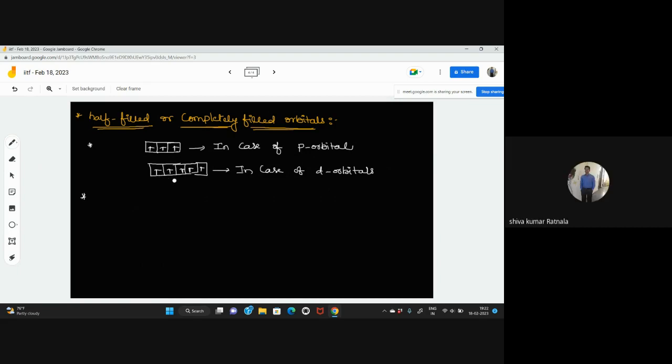These are the d orbitals, right? An individual box indicates the orbital. A single box is an orbital. Yes. Okay, sir.